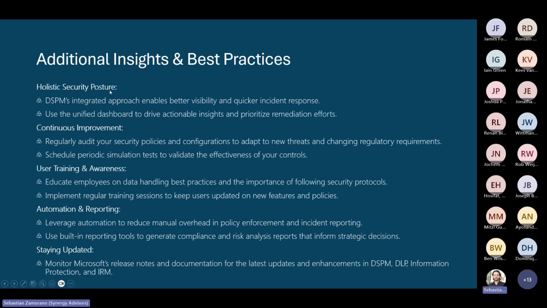We need additional insight and best practices: holistic security posture, continuous improvement, user training, policy tips, notification, reporting, and the most important, staying updated. This is something I have recommended several times to several customers.